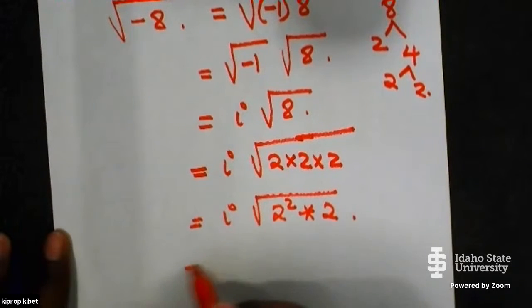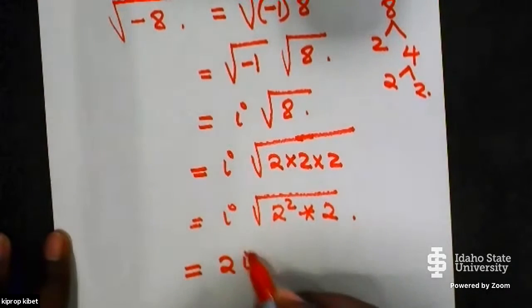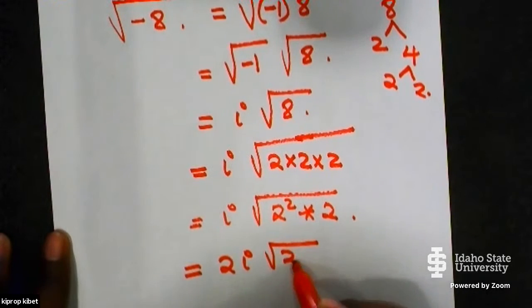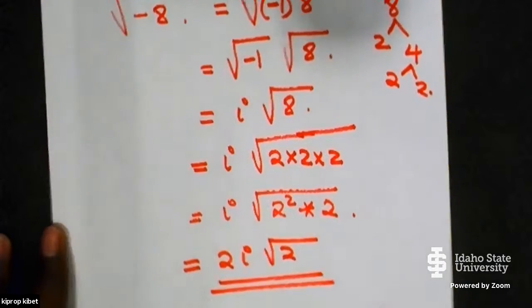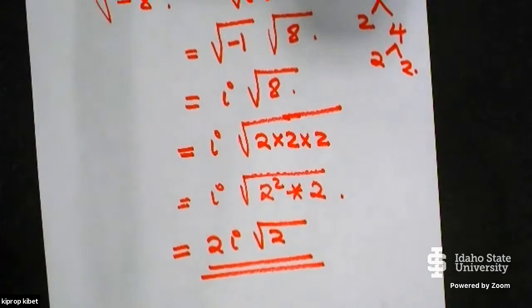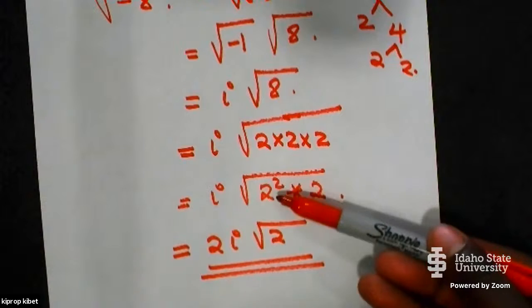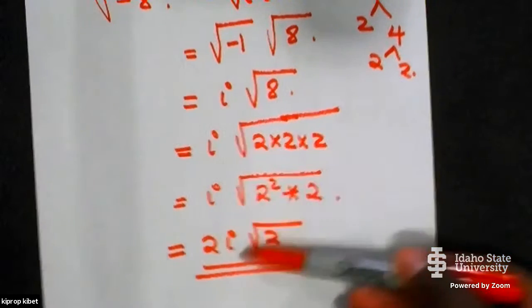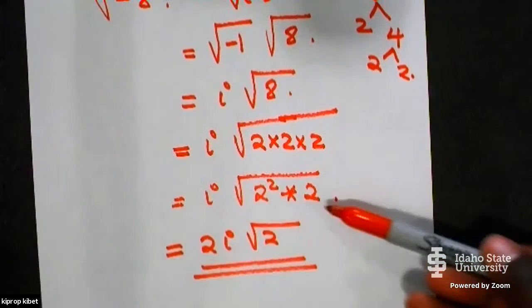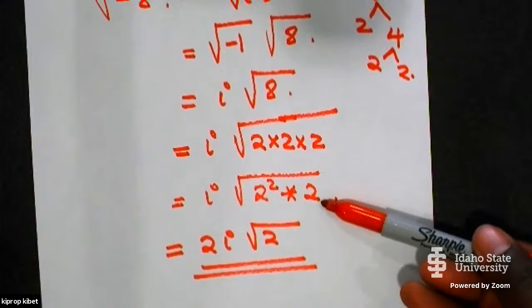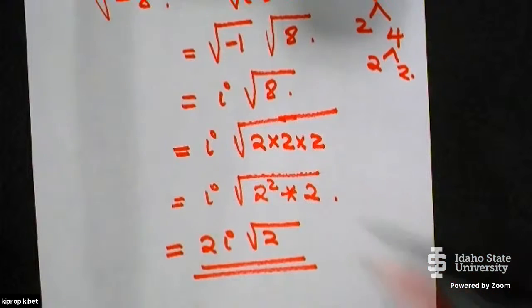Then finally, this is the same as 2i times the square root of 2, because when you distribute the power of 1/2, this will cancel. You factor out 2, and what remains is the square root of 2.